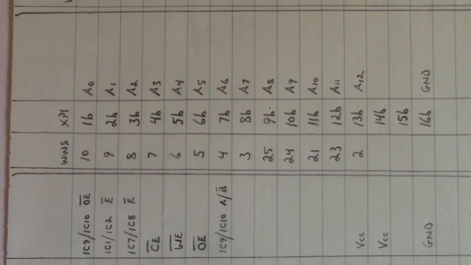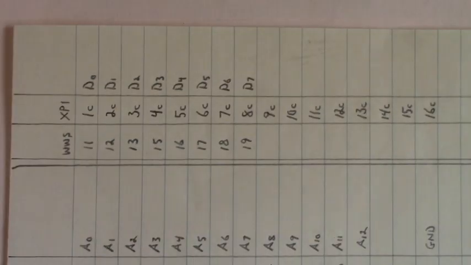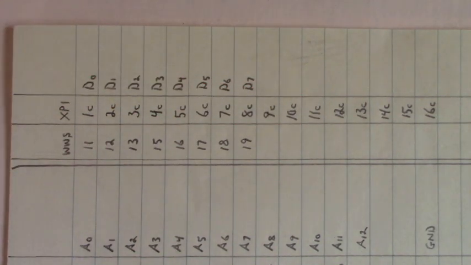Next, the data bus. Here's the data bus for the E-square prom. There's the 3-row connector, and here's the wire wrap socket.